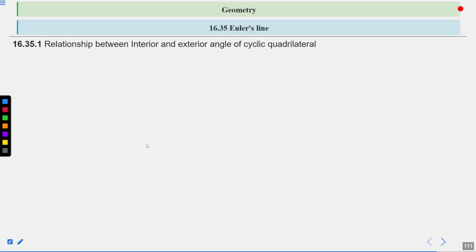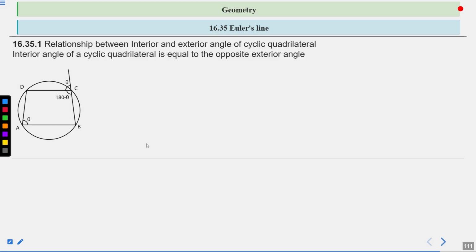Relationship between interior and exterior angle of a cyclic quadrilateral. So the interior angle of a cyclic quadrilateral is equal to the opposite exterior angle. So we can see in this diagram.